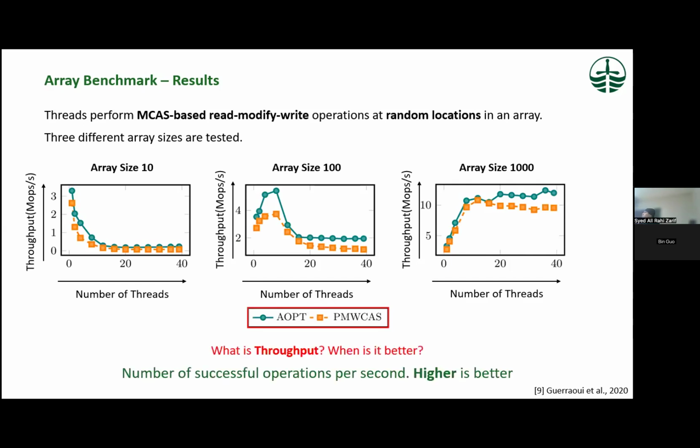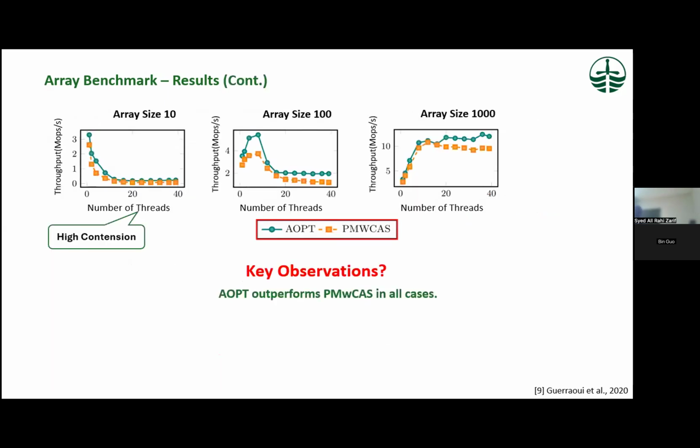Now, what is throughput? Throughput is the number of successful operations per second, and it's good when it's higher. In our observation, AOPT is always higher than the baseline algorithm, PMWCAS. So AOPT always outperforms PMWCAS.